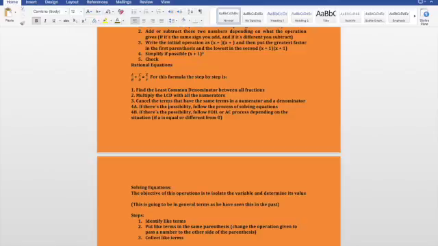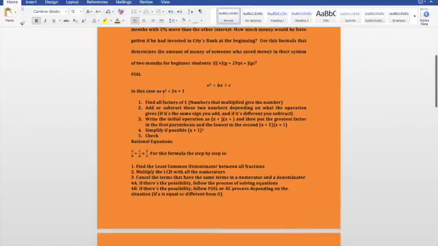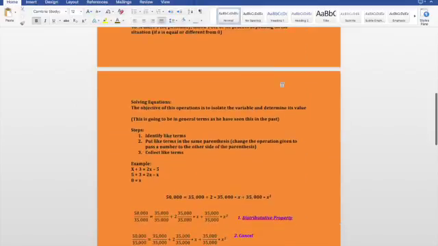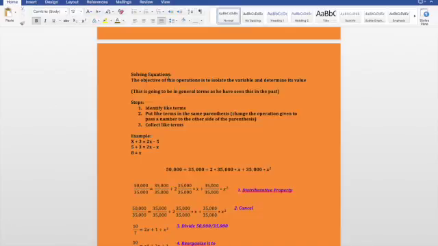ACT is another formula, similar to FOIL, but used when a isn't equal to 1. For solving equations, you identify like terms, then you pass each term to the other side, changing it to its opposite sign, and you solve and simplify to isolate x.